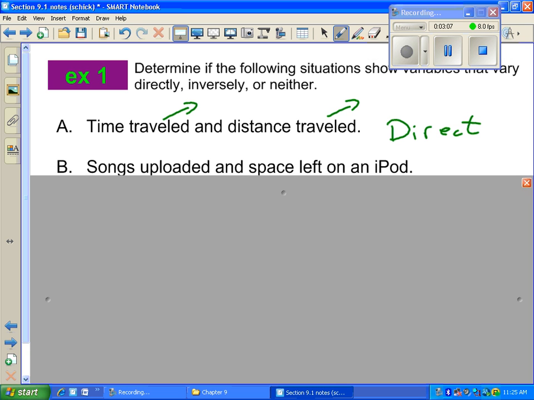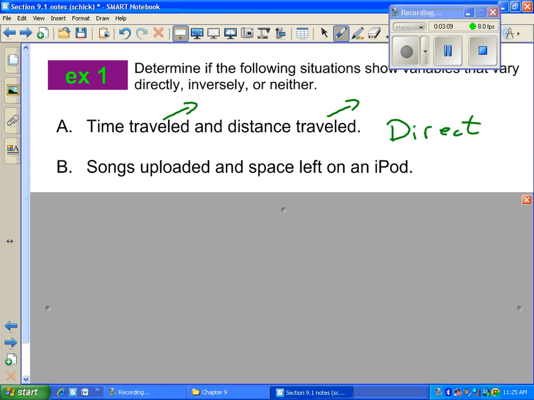Okay? Well, let's try the next one. Songs uploaded and space left on the iPod. Well, as I increase the number of songs that I load, the space left on my iPod goes down, it diminishes. So as one goes up, the other goes down, this has to be inverse variation.